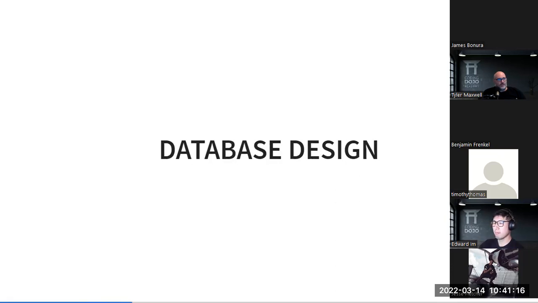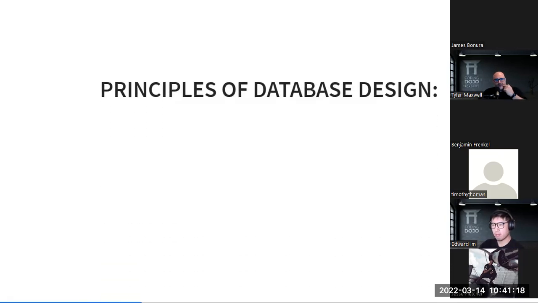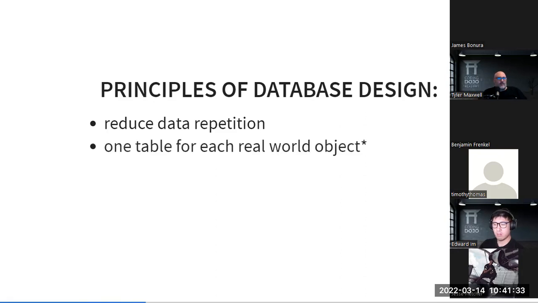All right. So database design. We have a couple of principles that we follow for database design. Some of these are on the platform. Some of these are just my personal bits of advice. We want to try to reduce repetition, but again, don't take it to an extreme. A little repetition is okay. We want to have a table for each real world object. And I put an asterisk next to object because I'm using the term object loosely.